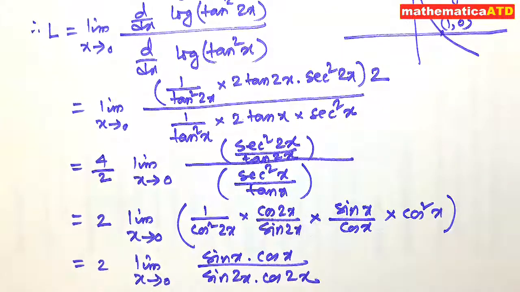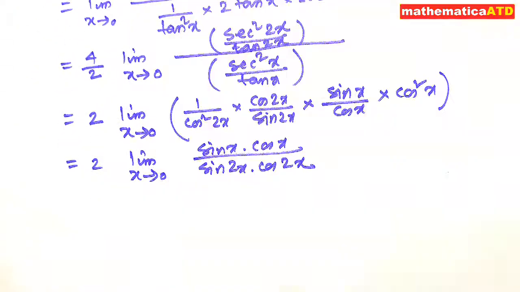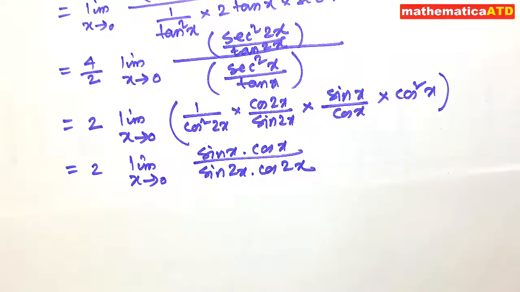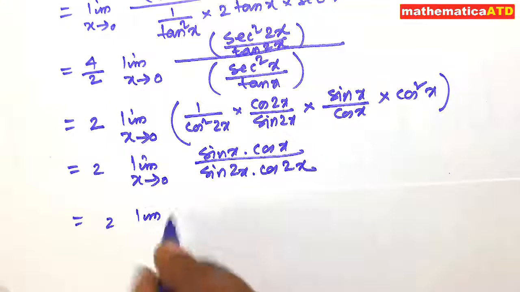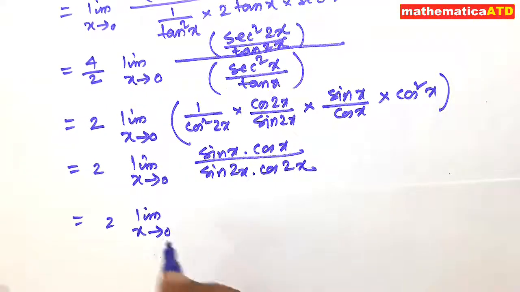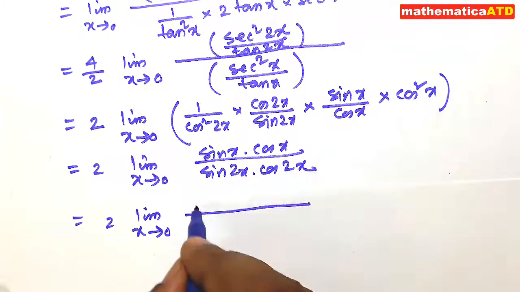So we can write here, twice of limit x tends to 0. We multiply both numerator and denominator by 2.